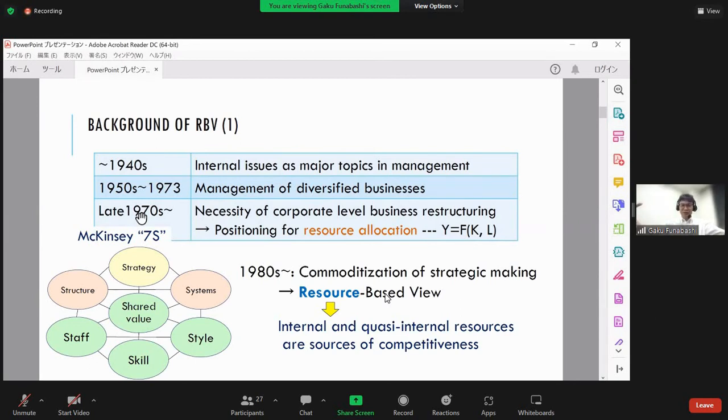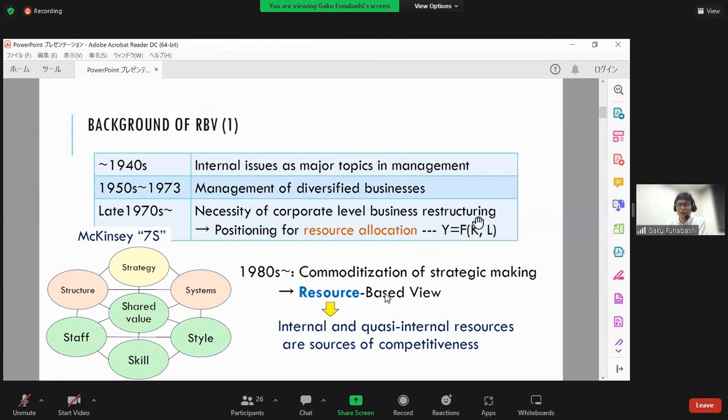And because they had so many businesses, and because the economy went down, they had to decide which business to keep and which business to abandon. You remember PPM, product portfolio management. That is one tool to decide which business should remain and which should be abandoned. So again, resource allocation was the important topic.